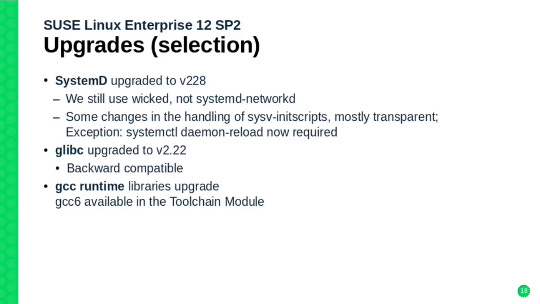So if you need to use GCC 6, you can do that. You simply install the toolchain module and then use the compiler that is there. That's no problem because the runtime libraries that you need to run applications compiled with either 4.8 or GCC 6 are there. They are shipped and they will also be updated in about a year or so when GCC 7 is going into the toolchain module.